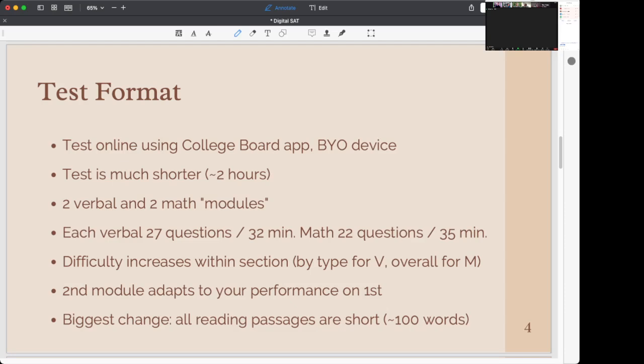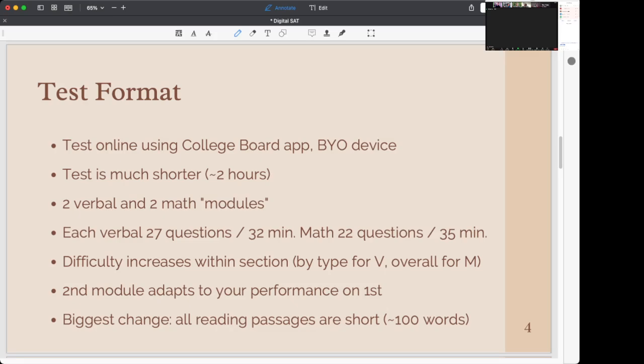And then since it's an adaptive computer test, it's interesting that the test either stays about the same difficulty in that second module based on your performance on the first, or if you do really well on the first module, the test becomes harder on that second module. So if you do really well in the first verbal module, the second verbal module is going to be harder overall.